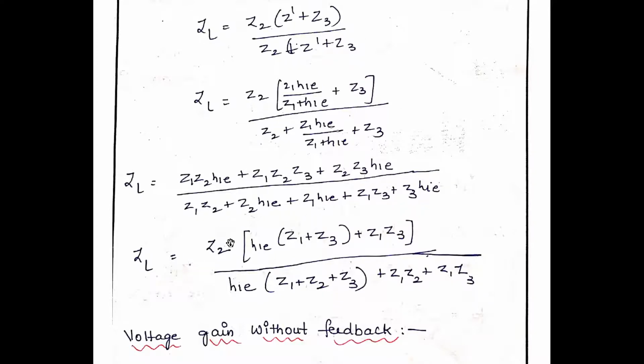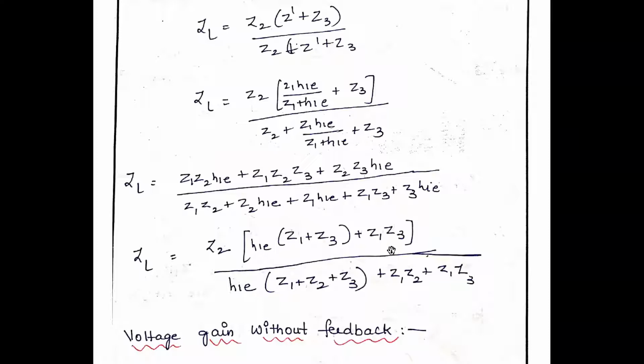So with Z2 already taken common, if we take hie common, Z1 will remain here, and in the last term Z3 will remain. So first overall Z2 we take common, then hie, and the remaining Z1, Z3 will remain. That is the simplification we are doing in the numerator.